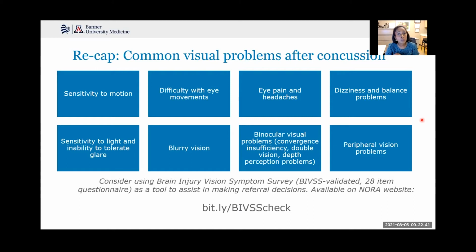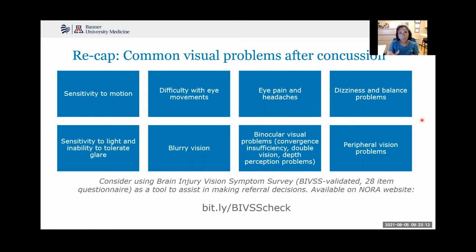One of the most powerful tools I think that I can share with you is to consider using some type of survey to elicit some of these answers to the questions that may not be easily observed in the clinic. So the Brain Injury Vision Symptom Survey, the BIVSS, is a validated 28-item questionnaire, very easy to use. It's a tool you can find online on the NORA website, but it's a tool to assist in making those referral decisions.